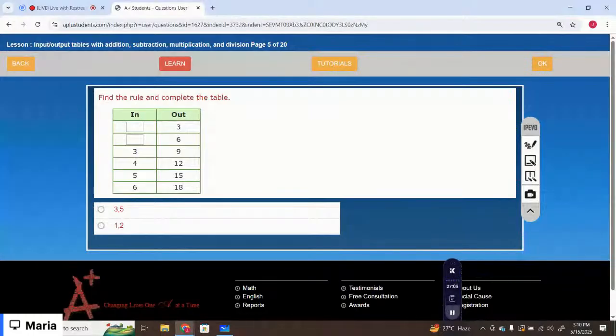Find a rule and complete the table. The missing numbers are 1 and 2. Option number 2 is the correct option.